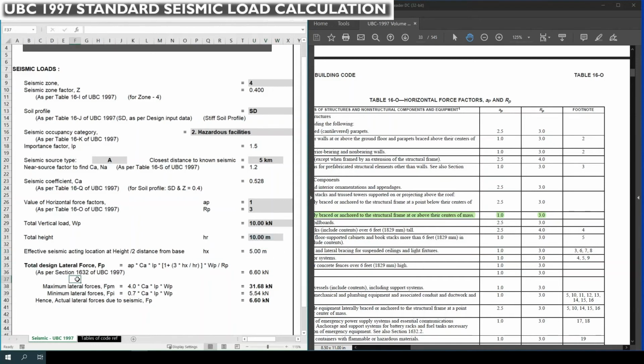Then finally, the total design lateral force FP, we need to apply this formula. This formula can be found in Section 1632 of UBC 1997, page 18 to be referred.